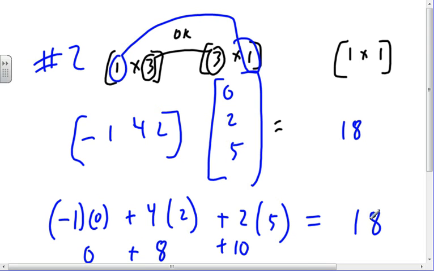Now, I could have taken my calculator, and assuming I had power, I could have gone to Matrix, and gone to Edit, and edited the first guy, 1 row, 3 columns, and entered a minus 1, 4, 2.